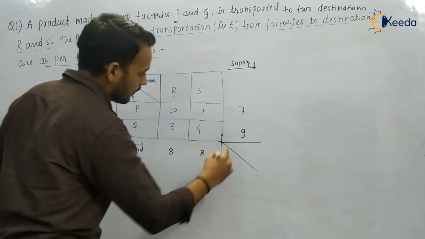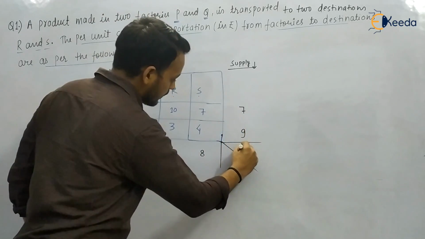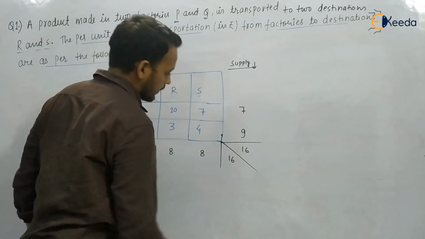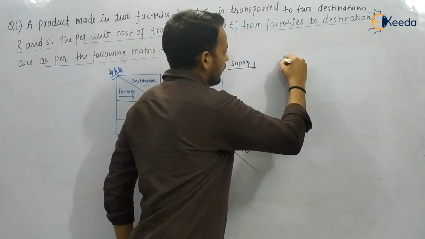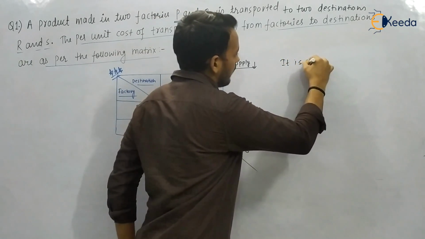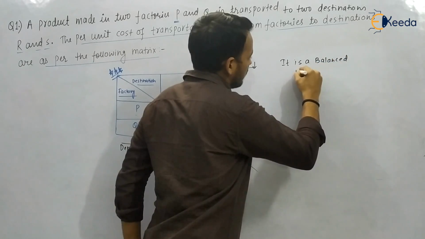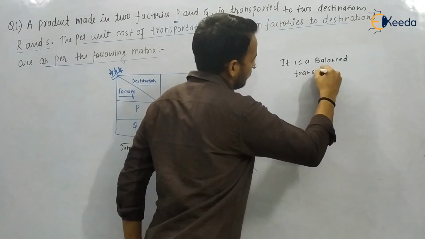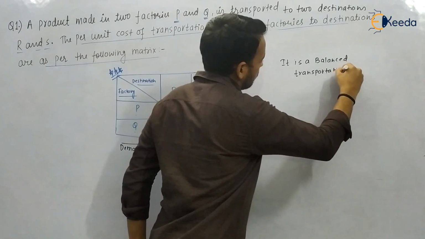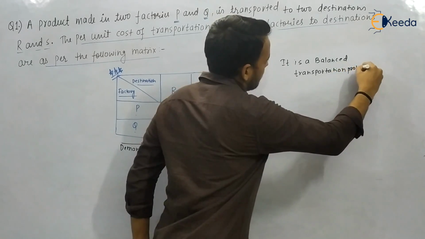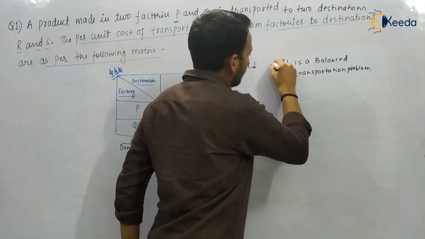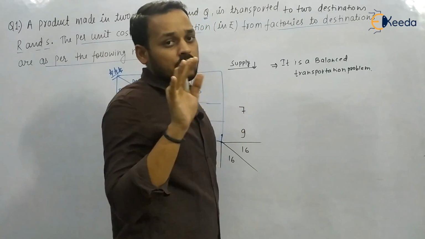First we will check whether it is balanced or not. 7 plus 9 is 16, and 8 plus 8 is 16. So it is a balanced transportation problem, and we will not apply any dummy row or dummy column.